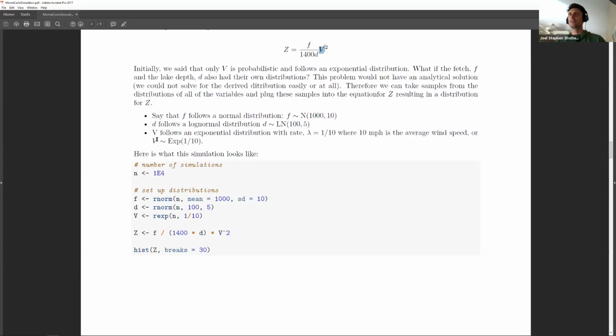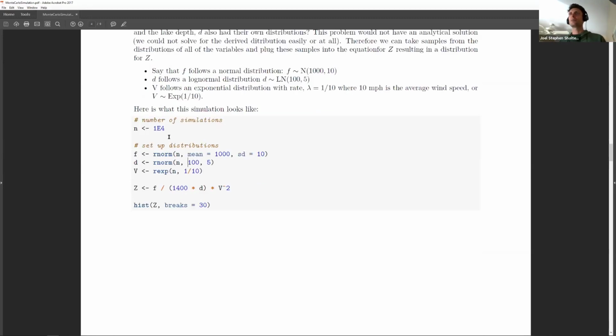So instead of just the velocity having a distribution, now depth and fetch each have a distribution. The fetch distribution is normal, the depth distribution is log normal. Actually, I made it normal in here, so it doesn't matter, it's just an example.